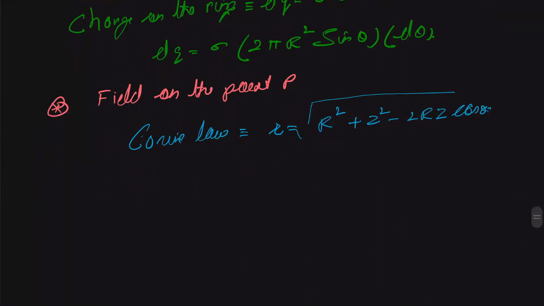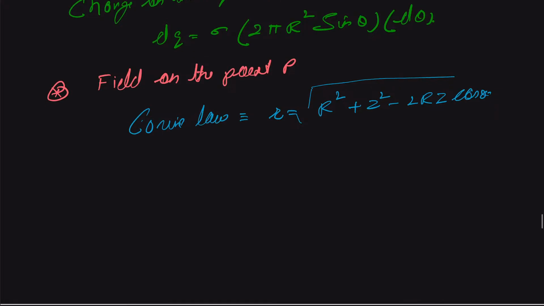So this point is important, and there is no need to derive all these things, because we know that whenever there is a pairwise arrangement, the horizontal components in this particular case will be cancelled out.